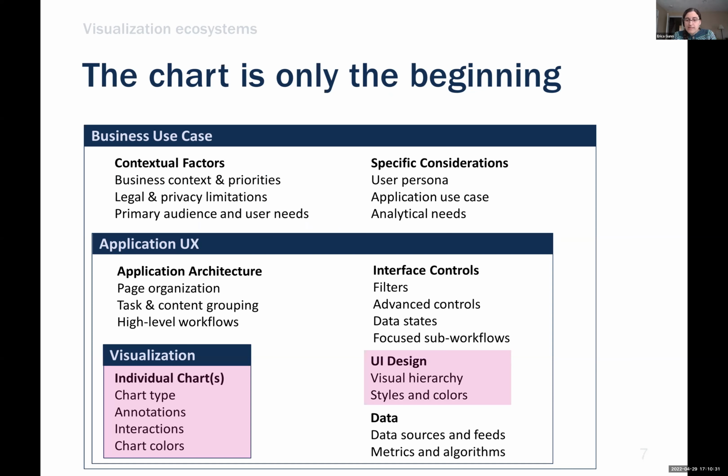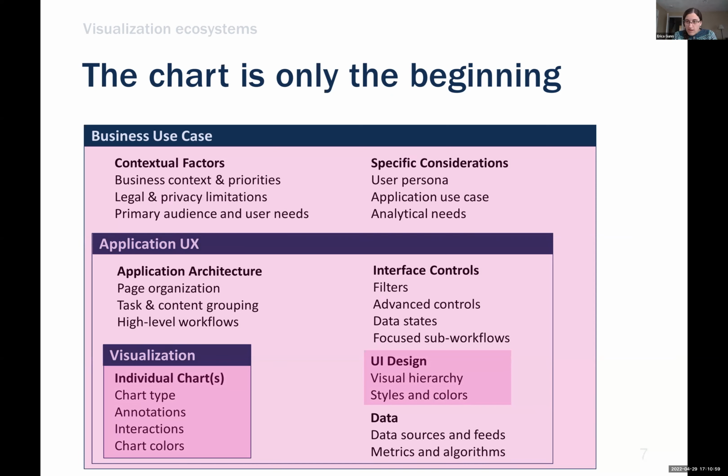You might also be asked to look at UI design. Can you contribute to our style guide? Can you tell us which charts to choose? Can you synchronize with our brand colors and think about the hierarchy of the app, right? So those are usually the sort of traditional domain of data viz design in a company context and a product context. But really, we do need to work across this whole space to do our job well, especially for these more complex interfaces.